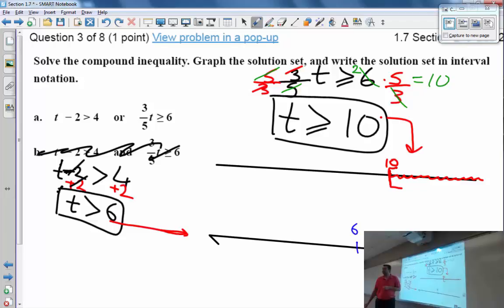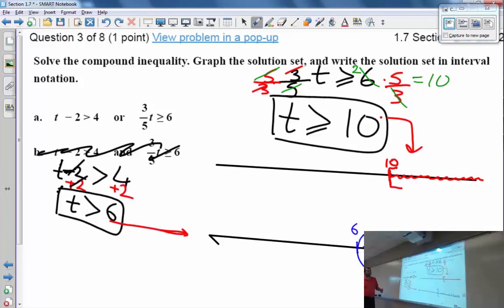I'm not putting 6 directly under the top one's position; they need to be on the same scale because I'm going to compare them. Greater than 6 means going east, to the right side. Do we put the bracket again? This one is a parenthesis.